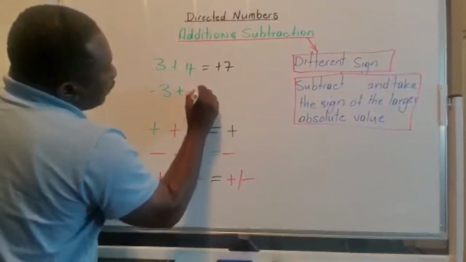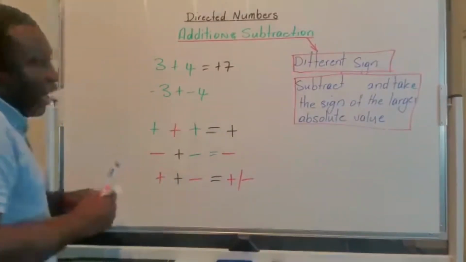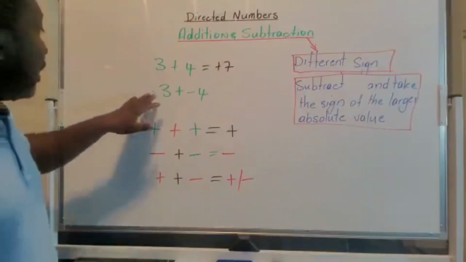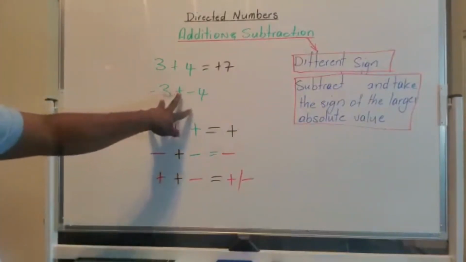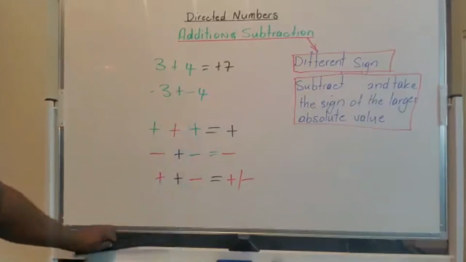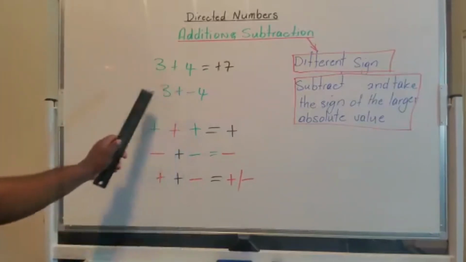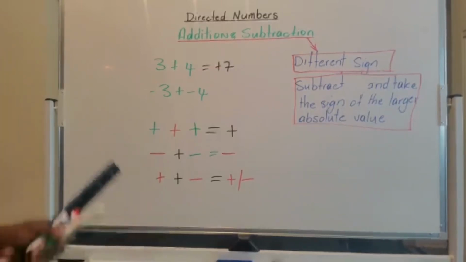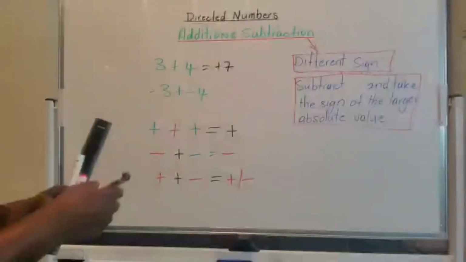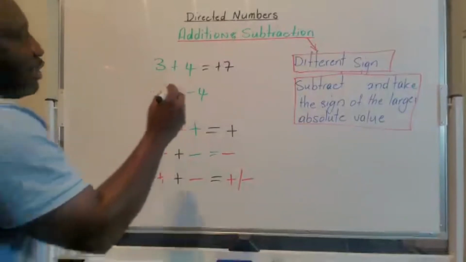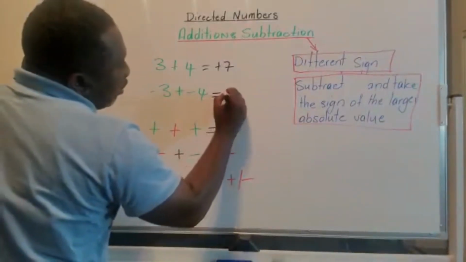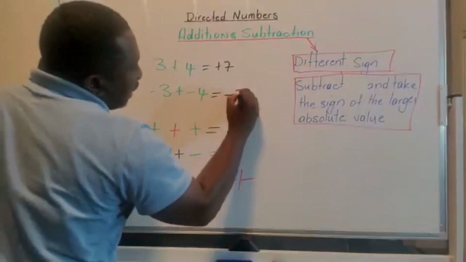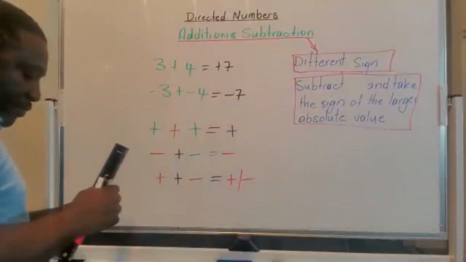So negative 3 is added to negative 4. Again, the signs are the same. Same signs, which is negative. We are adding two negative. It is telling us that we are to go ahead and do addition, and we are to keep our sign. So in this case, our result would be negative 7.